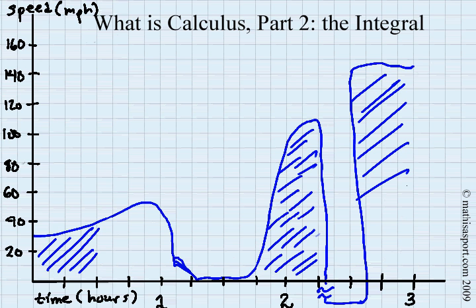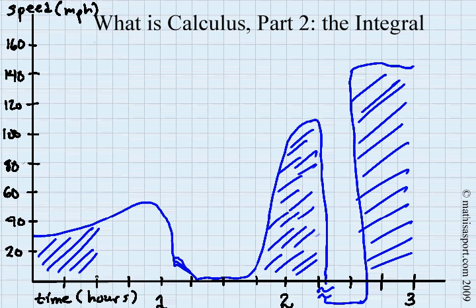But how would we actually do a calculation like that? It was fine when it was a single rectangle. We just multiplied the width times the height. And it even worked when the function that measured speed was something that could be broken up into 3 separate rectangles. But it doesn't appear that we can make rectangles out of this because of how rapidly the speed function is changing and the fact that it's a continuous curve.